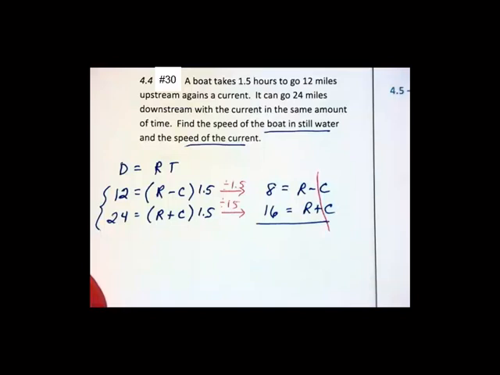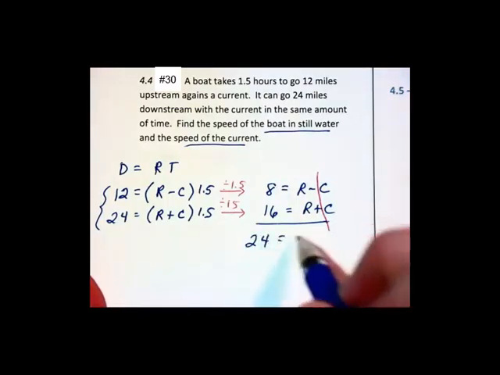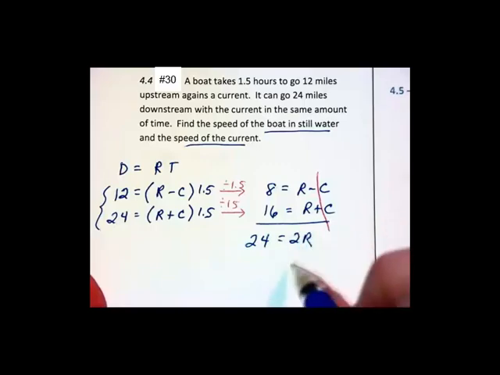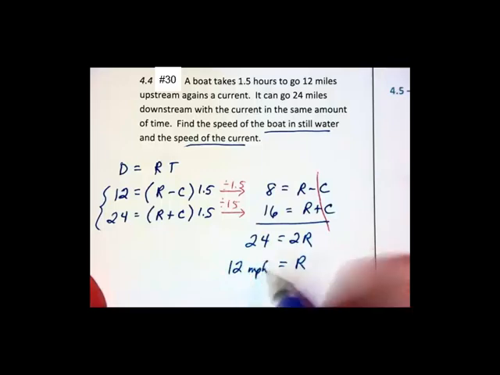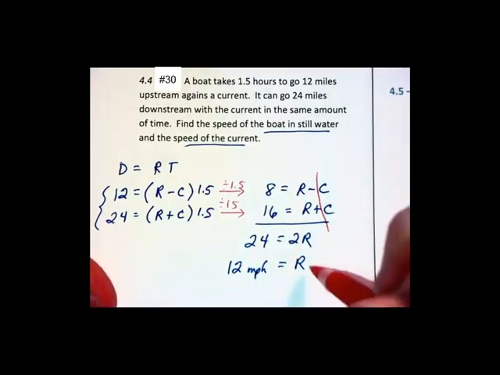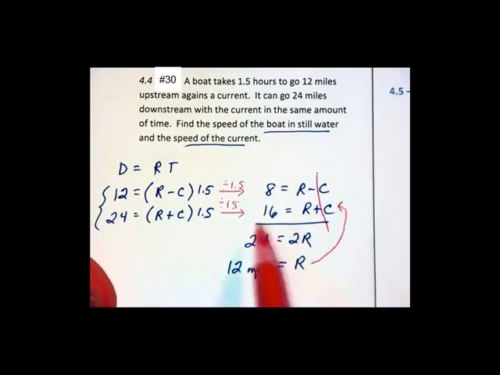The C's will cancel out. 8 plus 16 is 24 equals 2R, and you can see that R is going to equal 12 miles per hour. Pretty straightforward. We can find the other answer by taking that value of R and substituting it right into the second equation. 16 equals 12 plus C. C must be 4. The water is going at 4 miles per hour in this problem.